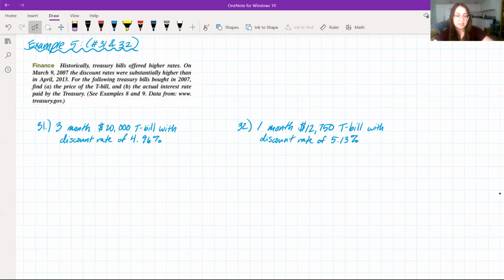So this is the finance problem. Historically, Treasury bills are offered at higher rates. On March 9th, 2007, the discount rates were substantially higher than in April of 2013. For the following Treasury bills bought in 2007, find A, the price of the T-bill, and B, the actual interest rate paid by the Treasury.